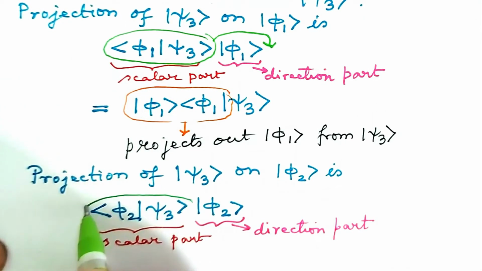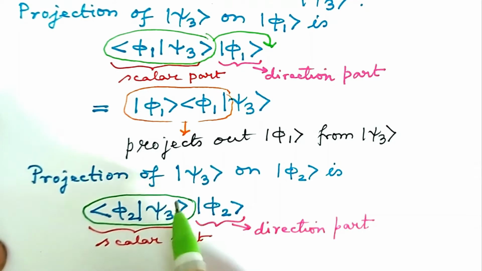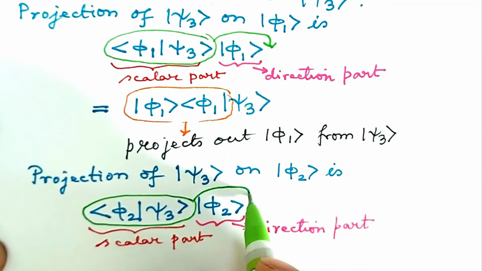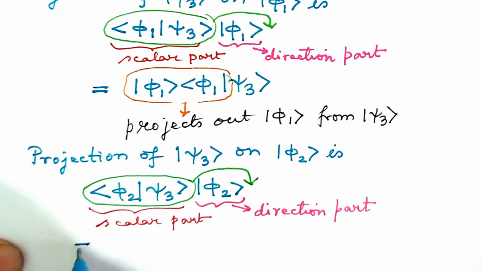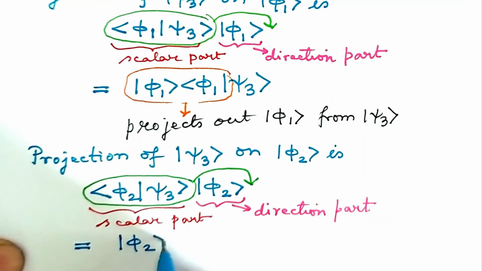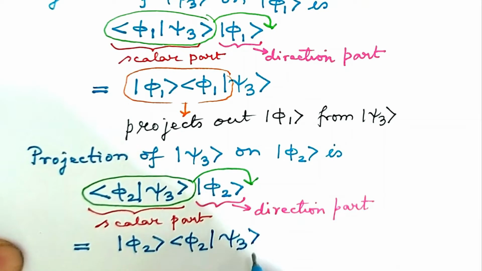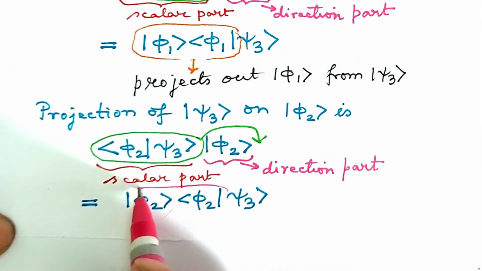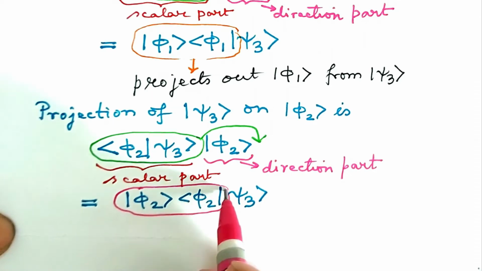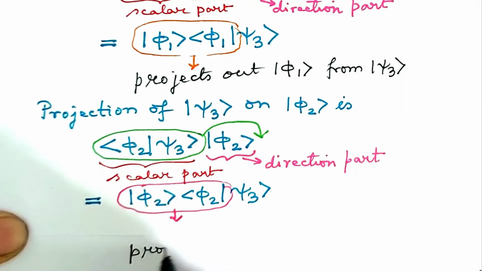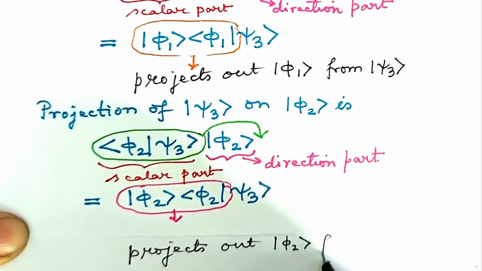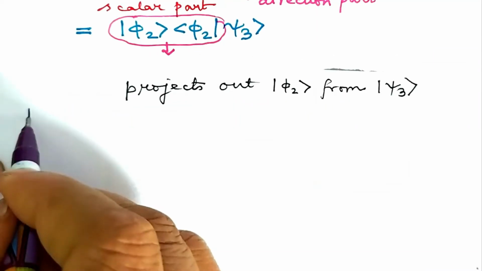Again, this being a scalar, it can be placed anywhere, and let us place it here. This gives ket phi 2 into the inner product of bra phi 2 ket psi 3. This portion is in fact an operator. We will show it in the next video. It projects out ket phi 2 from ket psi 3.